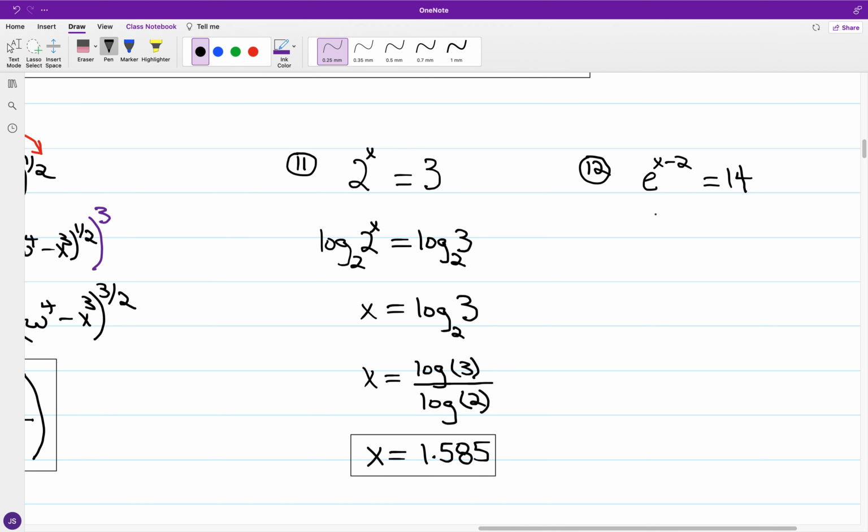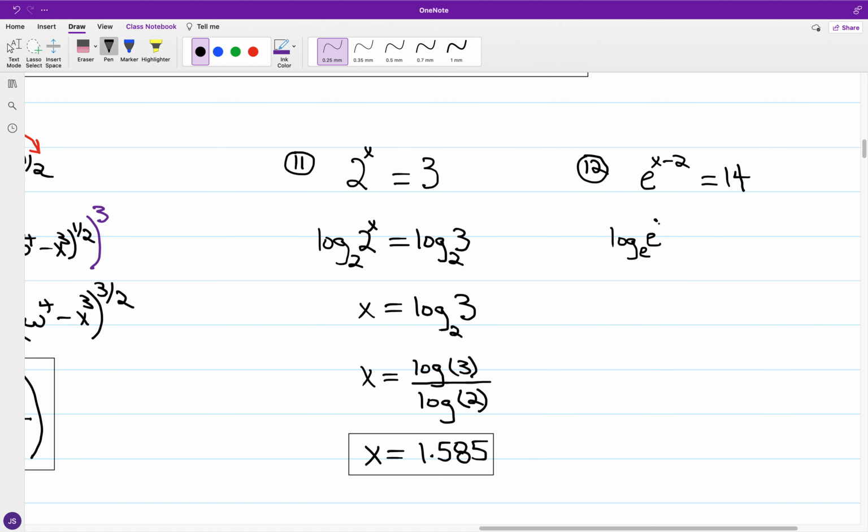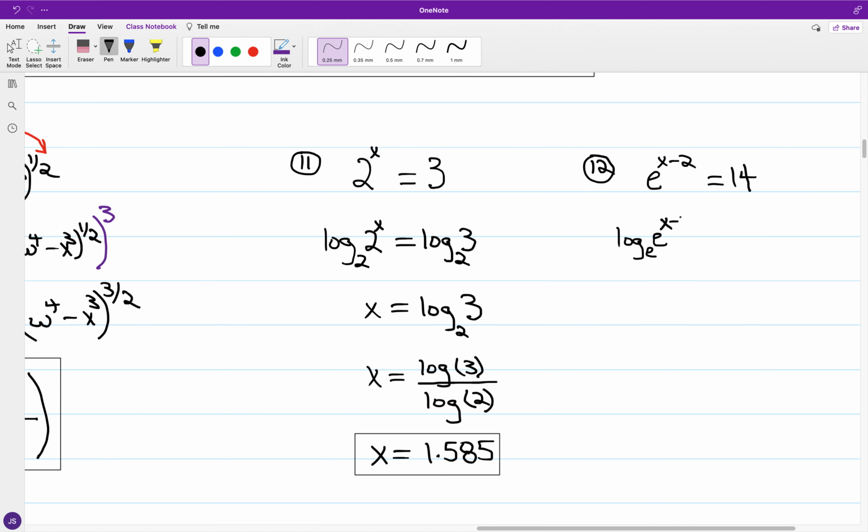Okay, so here, just like what I did with 2, I can knock out the e and have the left-hand side exclusively in terms of the variable x. So I can apply base e logarithms to both sides of the equation.